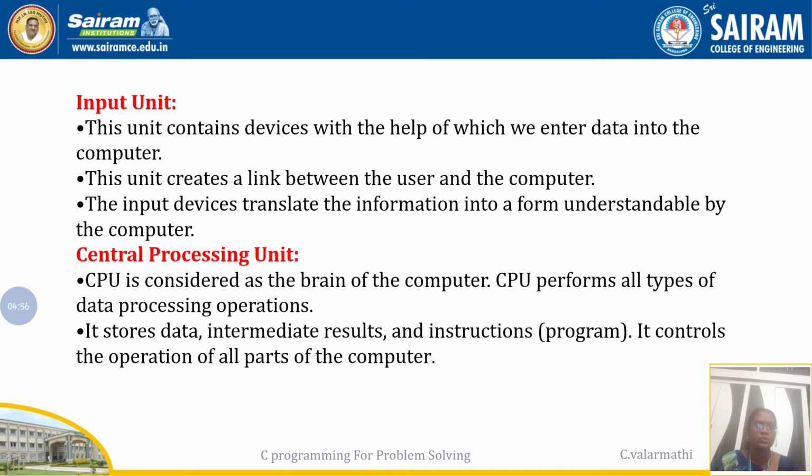That is why it is called the brain of the computer. The basic things that can be performed in the CPU are that it can store the data, it can do arithmetic operations, and it can control some monitoring operations. These are the major operations that can be done in the CPU, right?